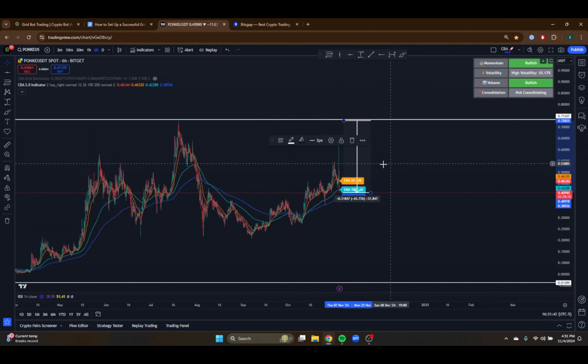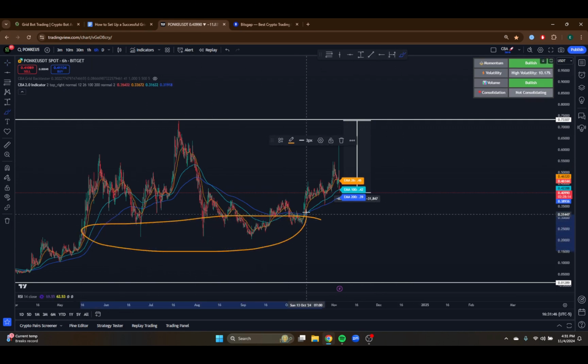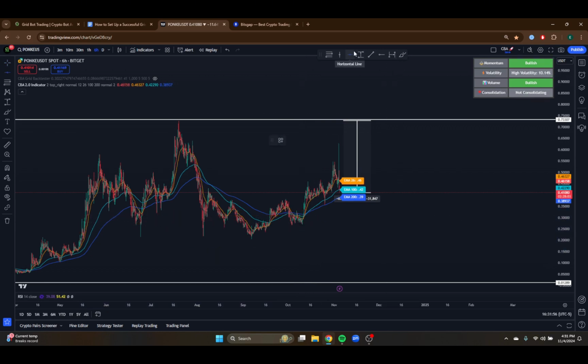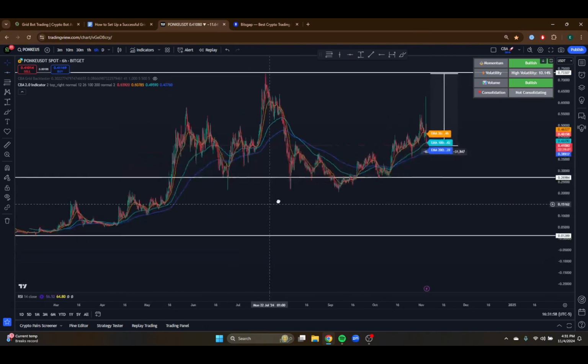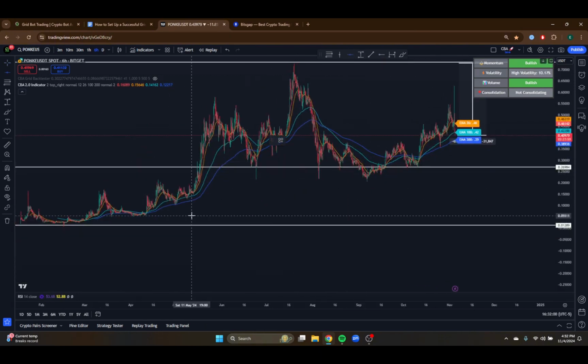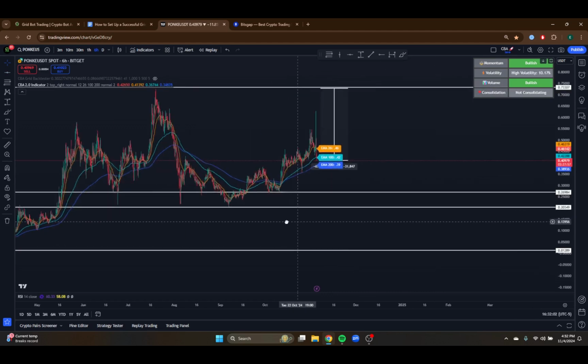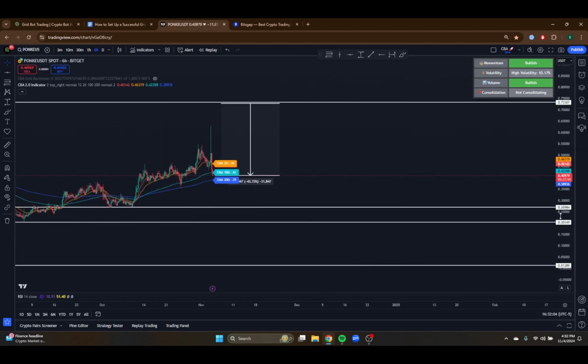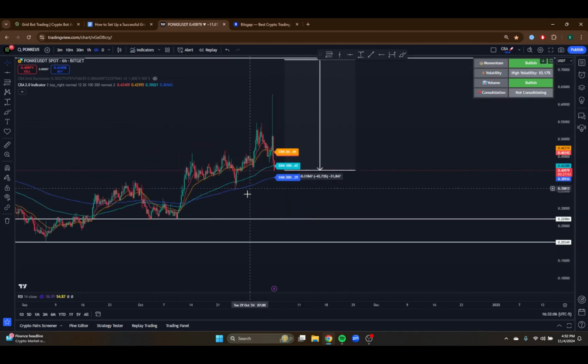Ideally you should have something that is maybe somewhere around here, because this is an important support level, right? And we can recognize those support levels by drawing lines just like this. So we're going to use the horizontal line and start drawing lines like this. We can see right now the price is not really that close to a support level.